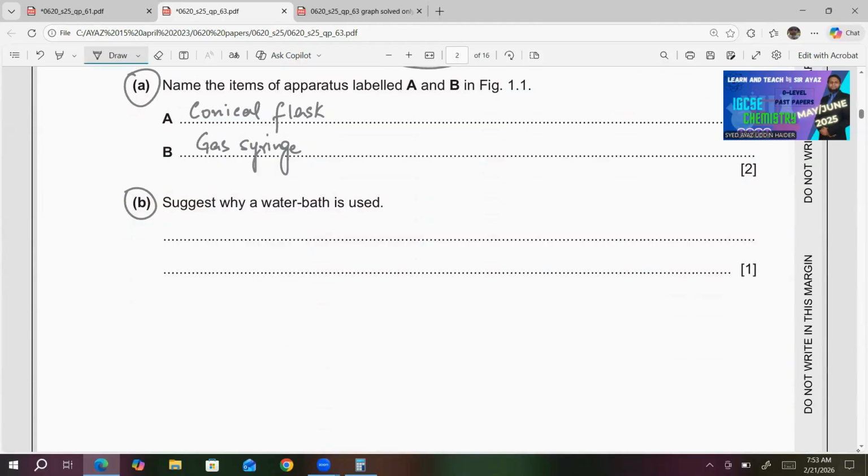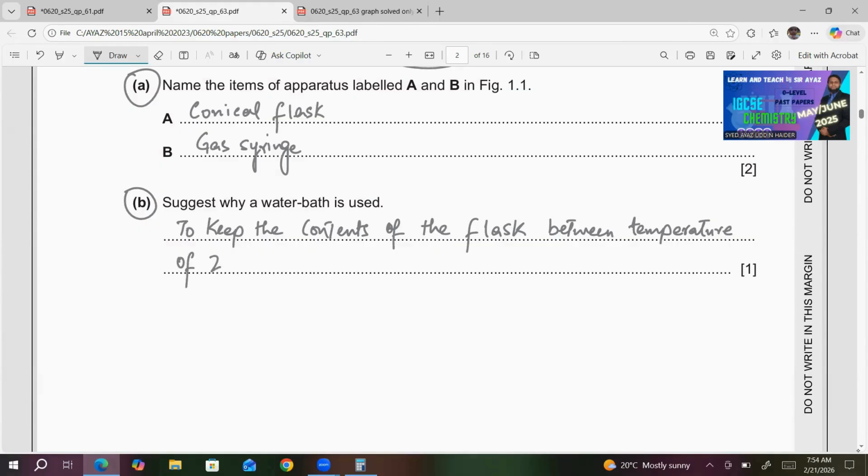So you write: to keep the contents of the flask between a temperature of 25 and 35 degrees centigrade.